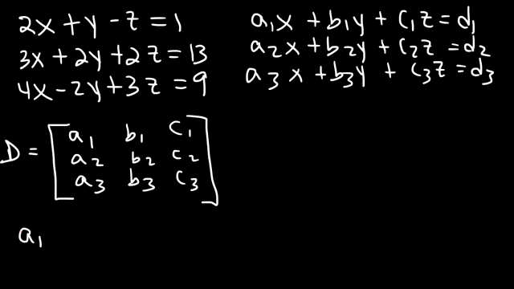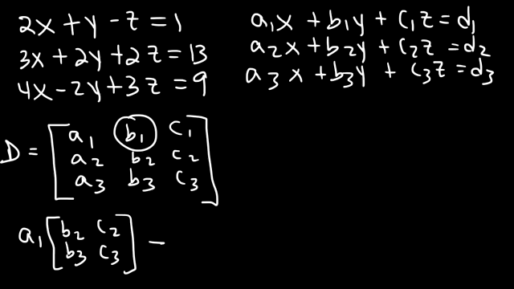If we eliminate row 1 and column 1, we'll be left with this. So it's going to be a1 multiplied by the determinant of a 2 by 2 matrix, b2, b3, c2, c3. And then it's going to be minus the next one, which is b1, and we need to eliminate row 1, column 2, because that's where b1 is located.